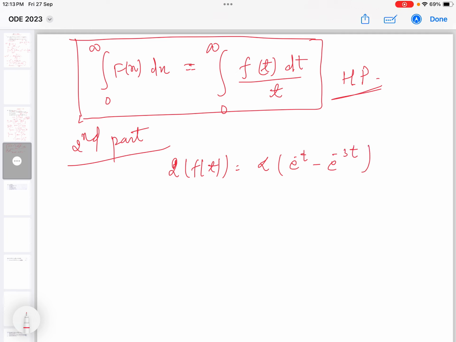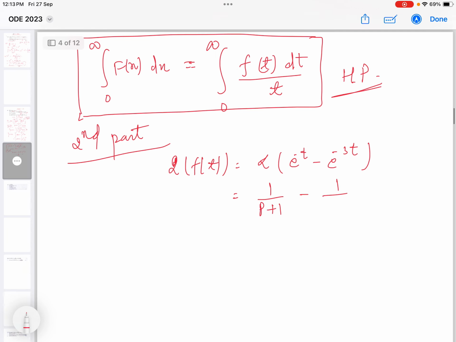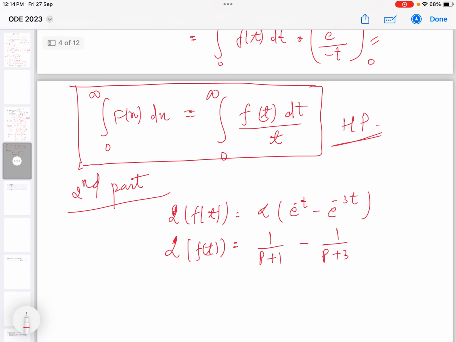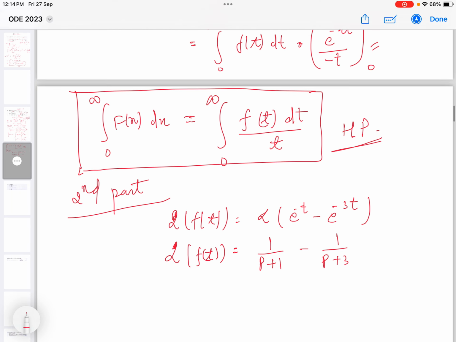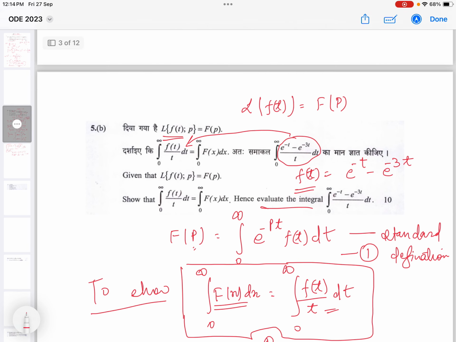From the standard formula we can write it here; this is an application of the formula, nothing new. And we know that the Laplace transform of f of t is equal to capital F of p from the definition that we have.